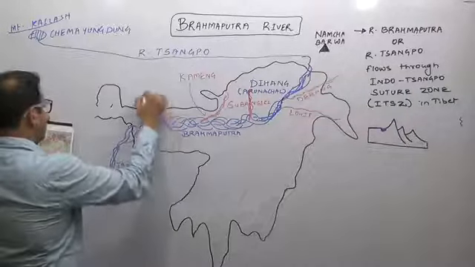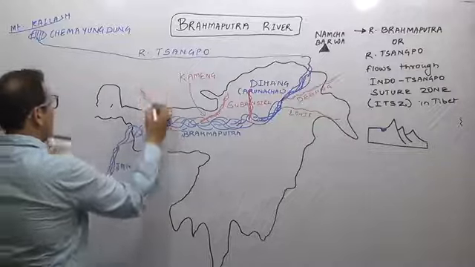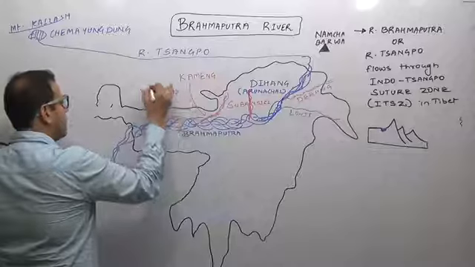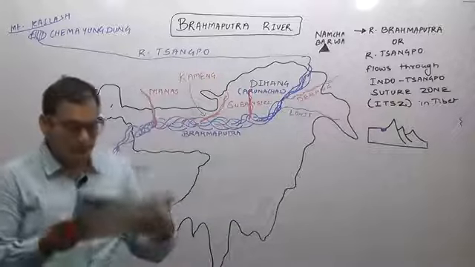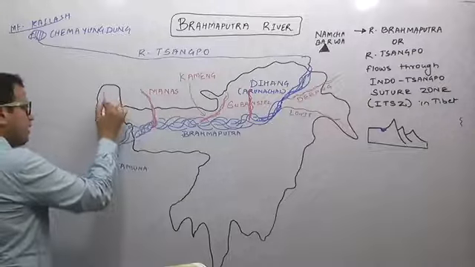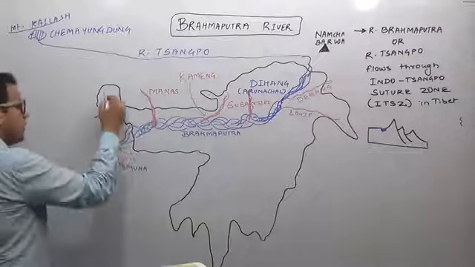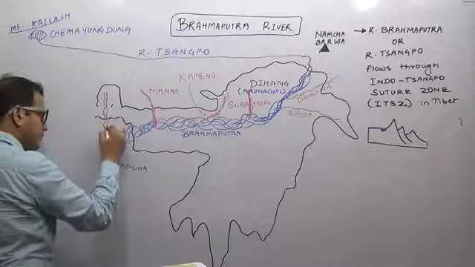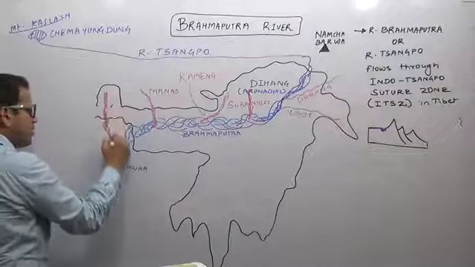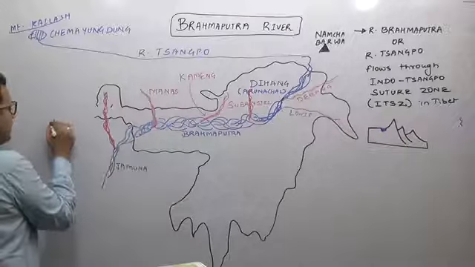Manas, or Mora Manas, is an important tributary which enters India through Bhutan. After river Manas, the last tributary of river Brahmaputra, which initially was the tributary of river Ganga, but now has been captured by river Brahmaputra, is river Teesta.